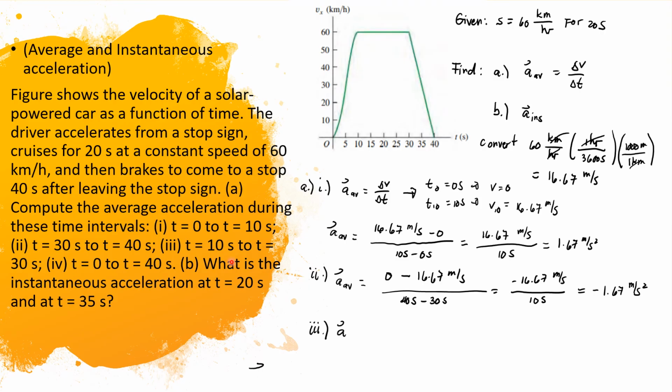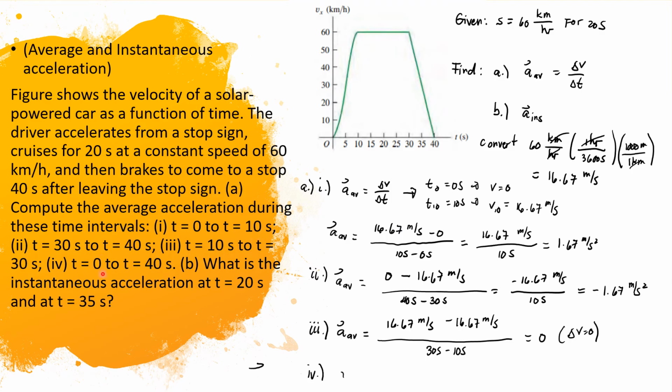For the time interval 10 to 30 seconds, the velocity at 10 seconds is 16.67 meters per second, and the velocity at 30 seconds is still 16.67 meters per second. So the difference between these two is 0. So our average acceleration is 0.